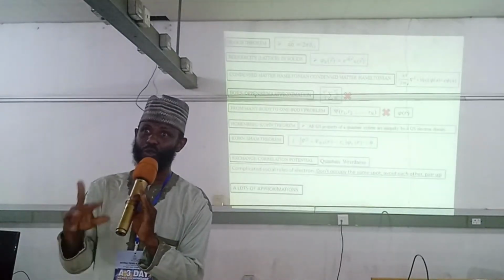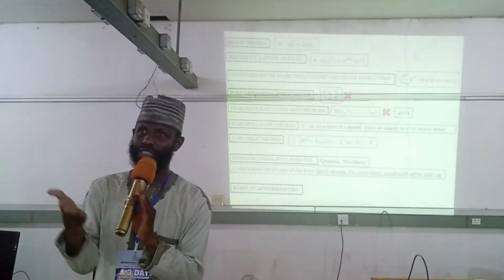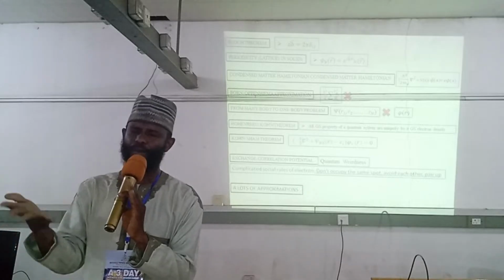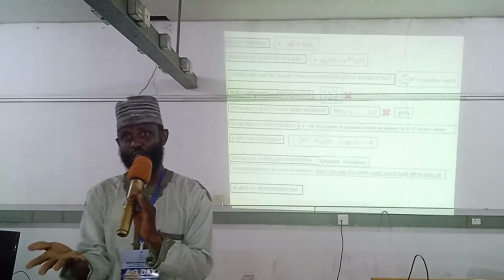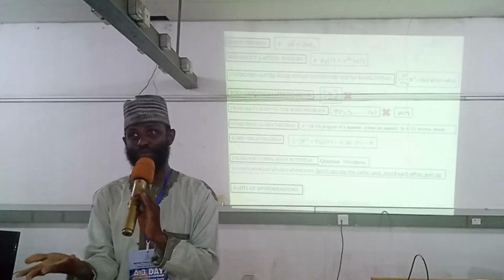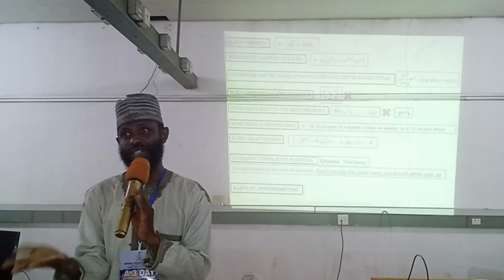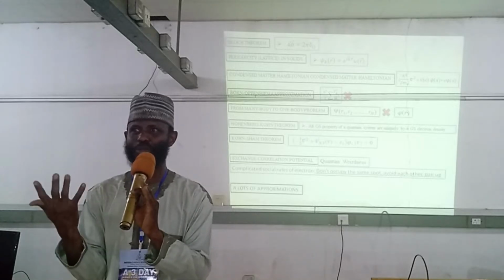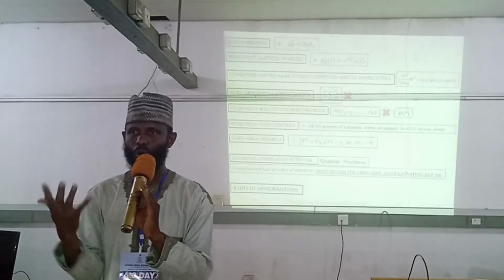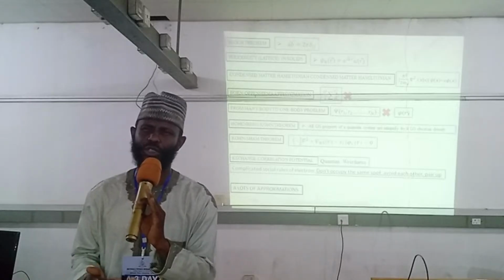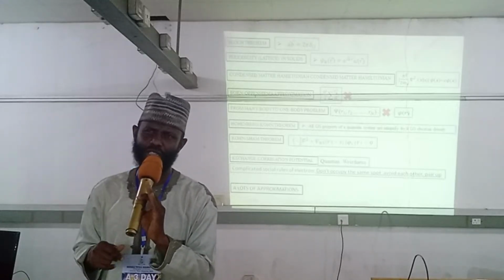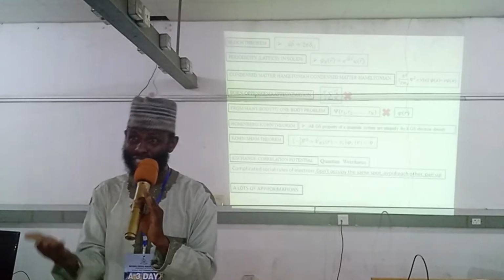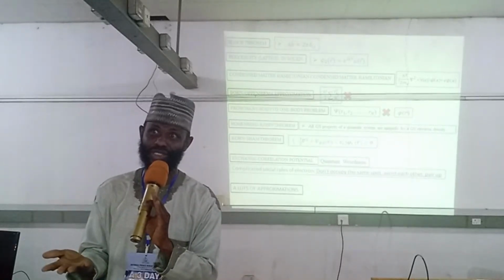If you have a two-electron system, you have a matrix that is 6. If you have 3, you have a 9 by 9 matrix. So imagine when you have a lot of atoms in your system, almost an infinite number of electrons, let's say 10 to the power 100. How do you imagine handling a matrix of 100 by 100?